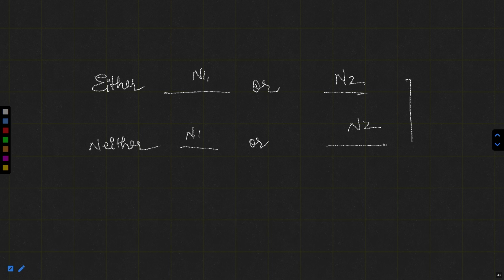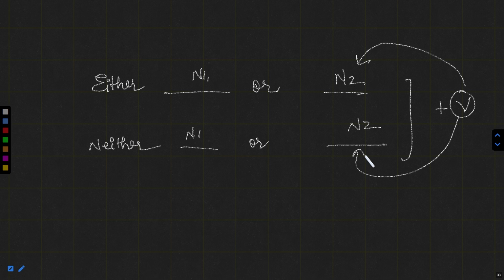So here the verb depends on the second noun only, or the nearest noun only. Now it is not just the second, but the nearest noun. So nearest noun or nearest subject, we can call it subject. The subject which is closer to it, or the object. So any noun which is closer to it, the verb should follow that.